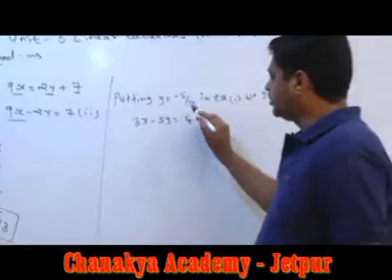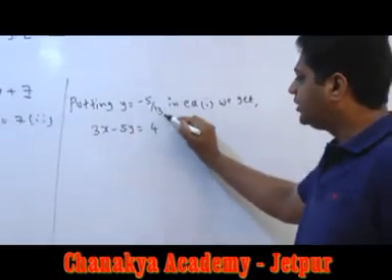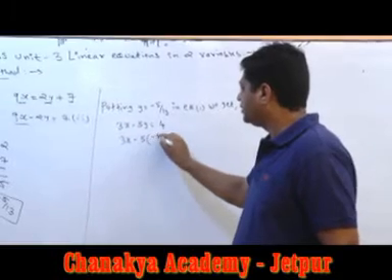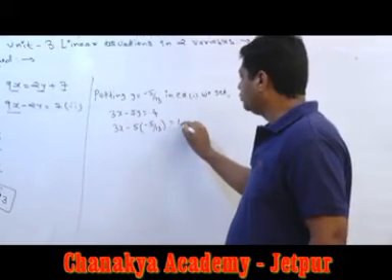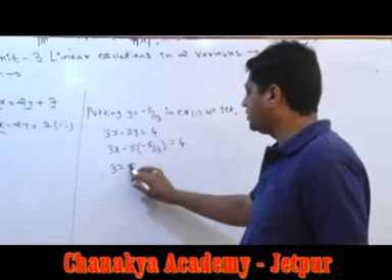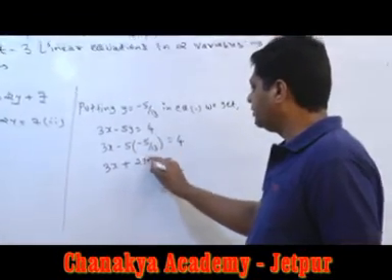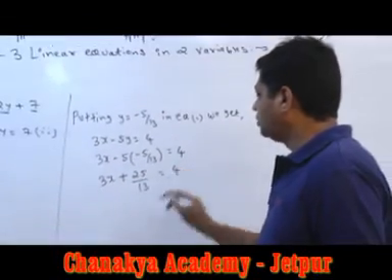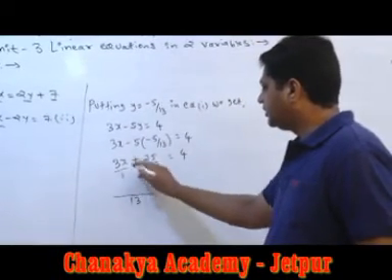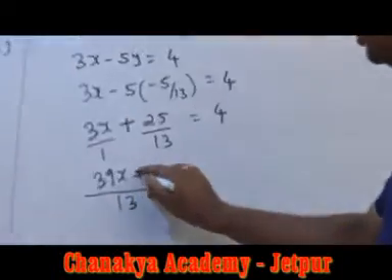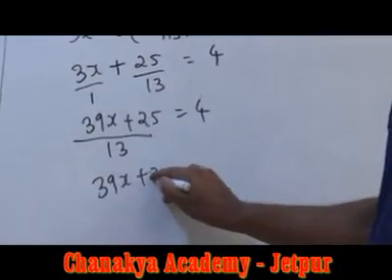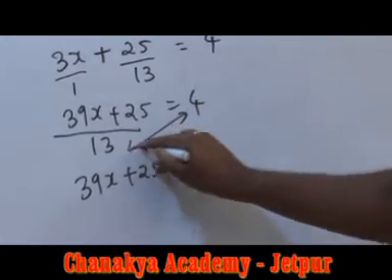Now substituting the value of y equal to minus 5 by 13 in equation number 1, 3x minus 5 bracket minus 5 by 13 equal to 4. 3x minus minus gives plus 5 5s are 25 divided by 13 equal to 4. Now taking LCM, 13 into 3, 39x plus 25 equal to 4. Now 39x plus 25 equal to 13 4s are 52.